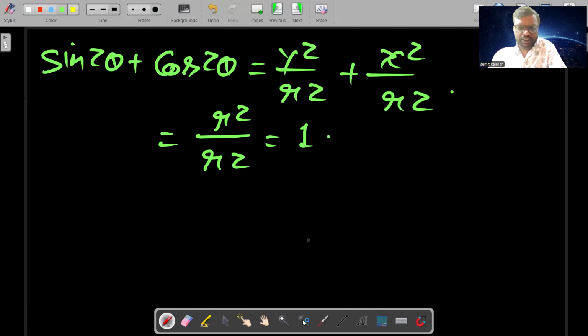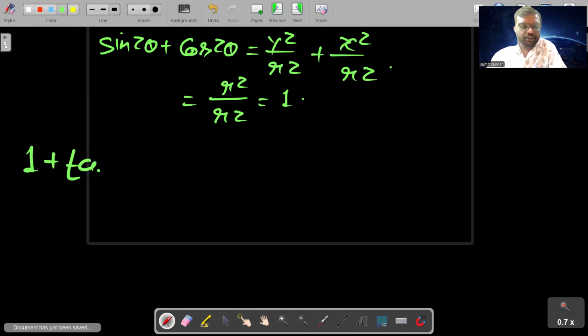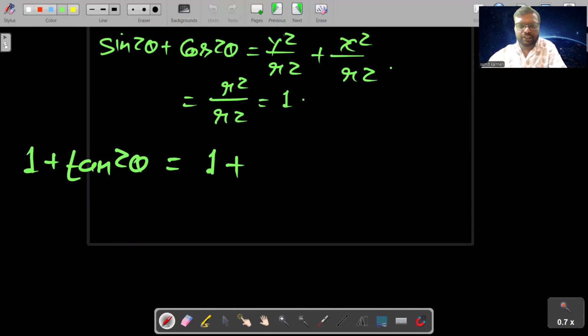Now, students, next we will calculate the next trigonometric identity, that is 1 plus tan square theta. Now, students, so here tan theta is y by x. So tan square theta will become y square upon x square.